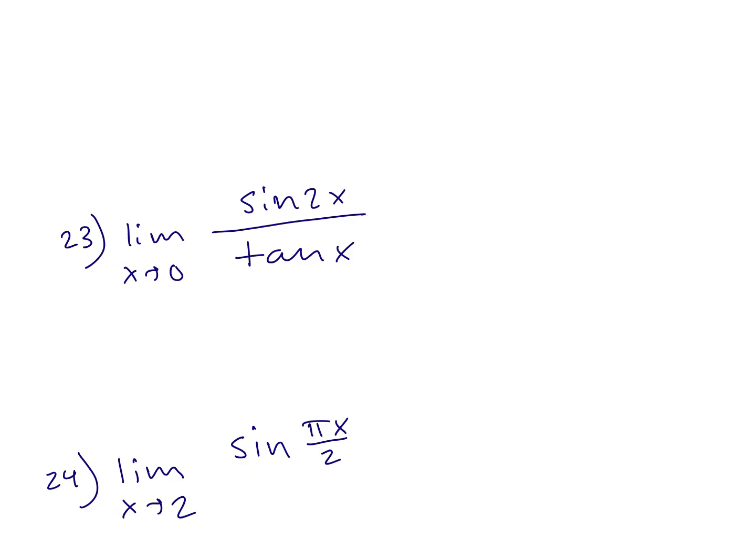Having sine of 2x tells us we're going to use our double angle formula here. So our double angle formula is 2 times the sine of x cosine of x over, since I'm changing everything to be in terms of sine and cosine, let's just do that for tangent as well. Tangent would be what? Sine of x over cosine of x.